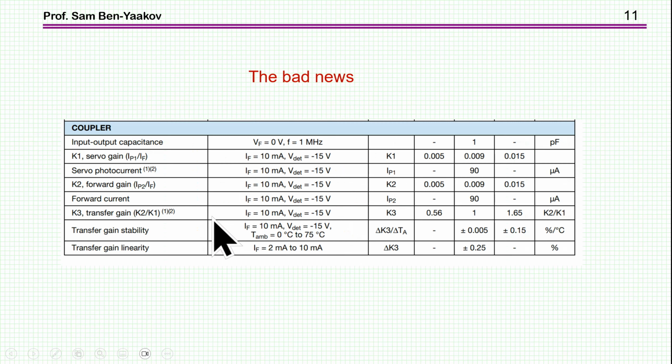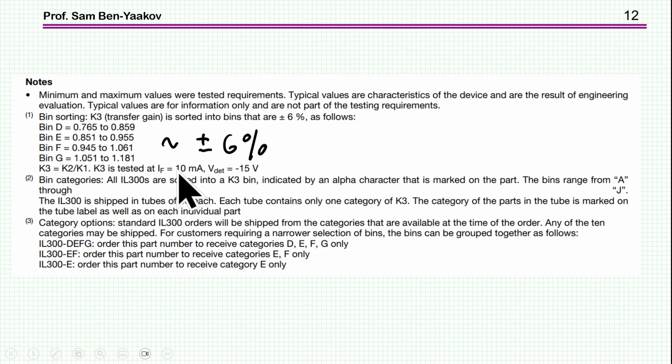The actual number of K3 varies a lot between units. That's very much. Depending how you calculate it, it's something like 50%, okay? So it's a lot. You get a unit, and then the gain could change by up to 30% in this case. Some companies, like Vishay, are actually supplying units which are pre-selected.